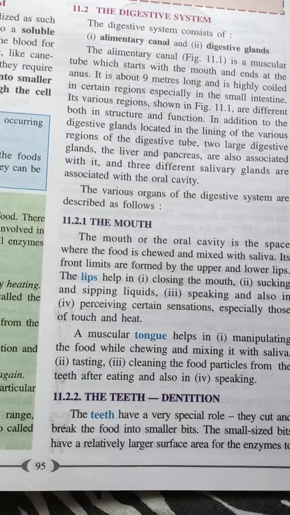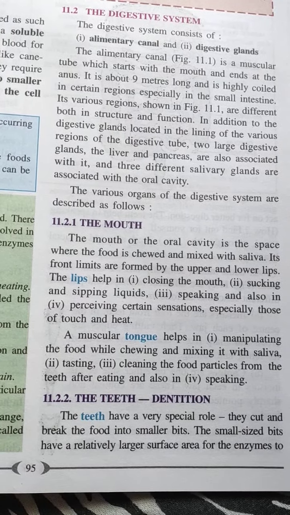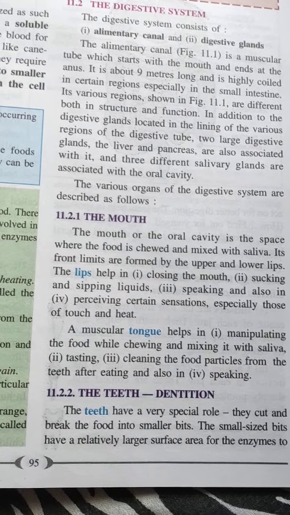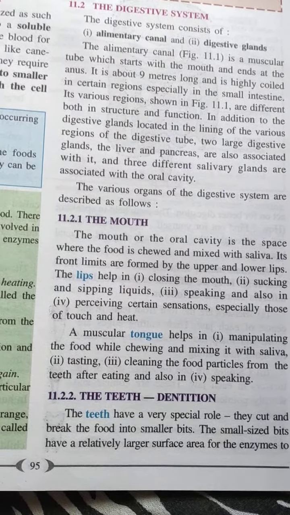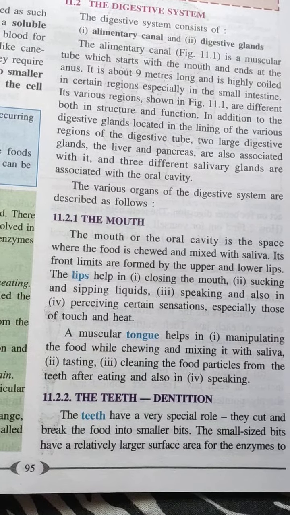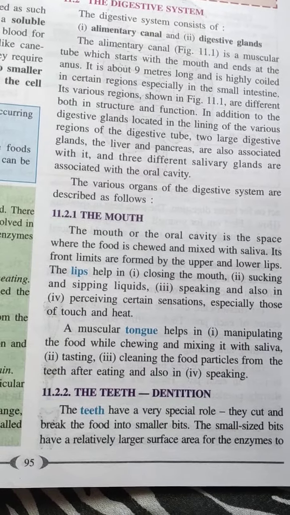Now, we'll start with the alimentary canal portion and we'll start from the mouth. It is a space where the food is chewed and mixed with saliva. Its front limits are formed by the upper and lower lips. The lips help in closing the mouth, sucking and sipping liquids, speaking, and also in perceiving certain sensations like touch and heat.